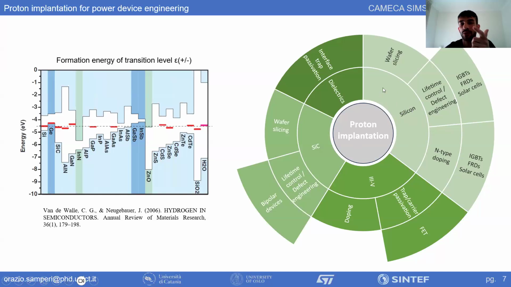Then there are also other applications with minor importance, like wafer slicing, where they implant a really high dose of hydrogen, and by heating they produce bubbles of hydrogen and slice the wafer.